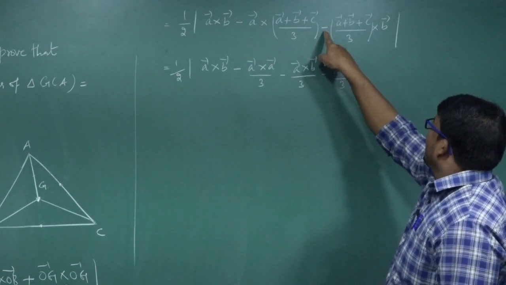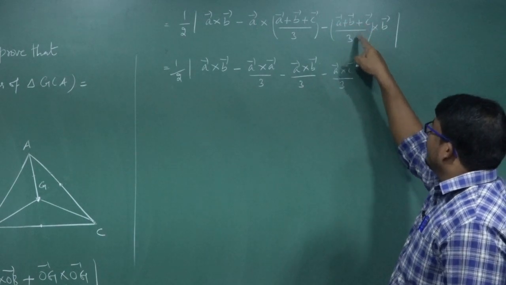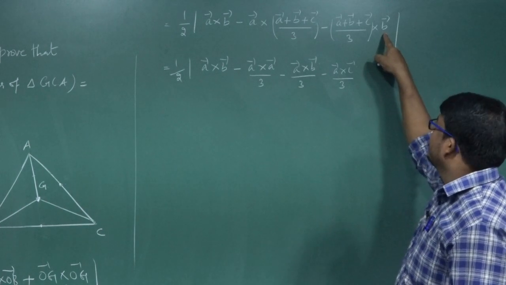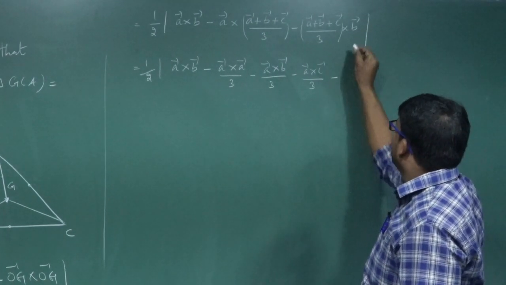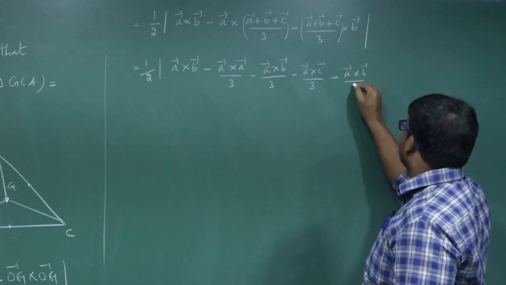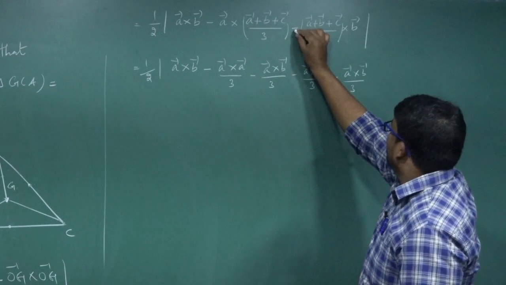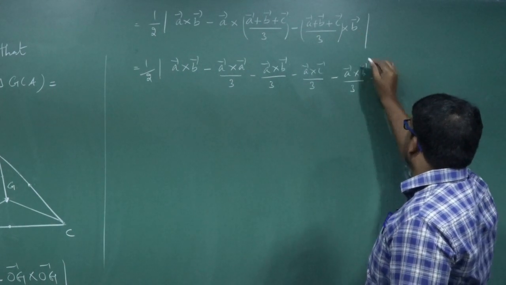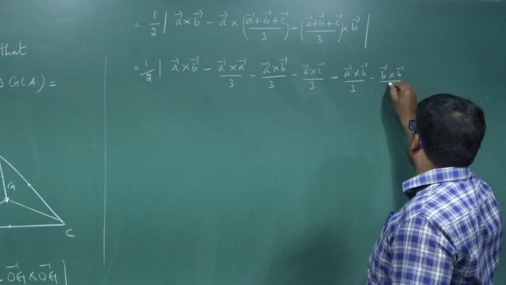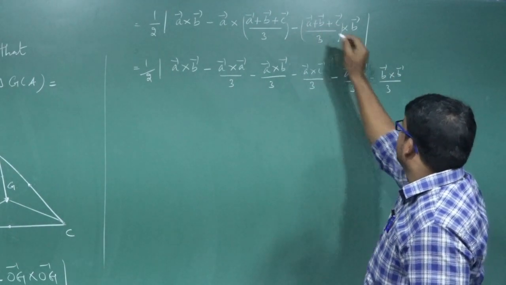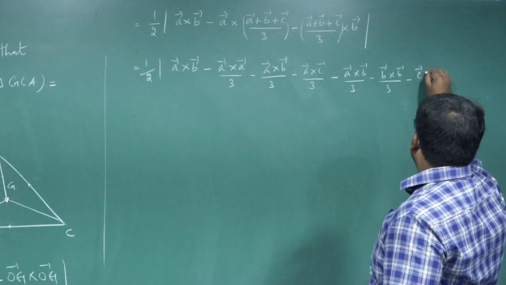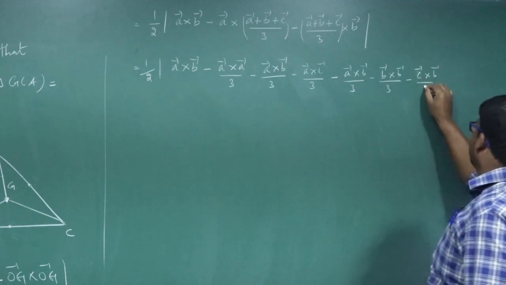And next one, minus of A vector plus B vector plus C vector by 3 cross B vector. That is minus, first one is minus A vector cross B vector by 3. Next one, minus into plus is minus B vector cross B vector by 3. Next one, minus into plus is minus C vector cross B vector by 3.